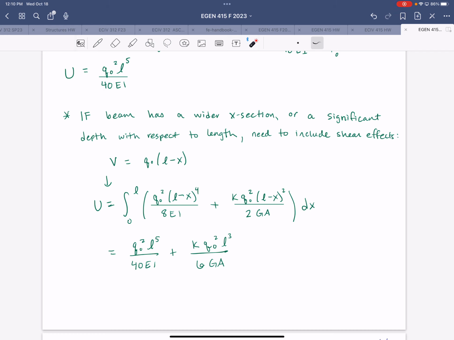So there is a certain length to depth ratio where the shear contribution to strain energy will actually dominate the deformation, right? And in the homework related to this lecture, you will investigate that situation.